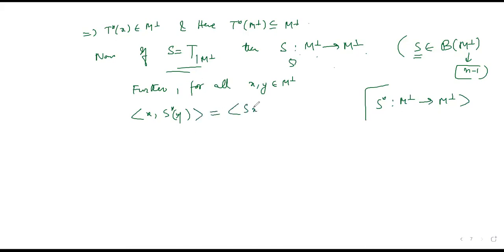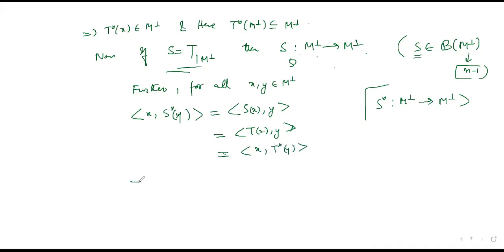You would have this would be equal to <SX, Y>, but that would be equal to <TX, Y>. Why? Because S is just the restriction. S is the same as T, only the domain is restricted. But that by definition would be <X, T star Y>.